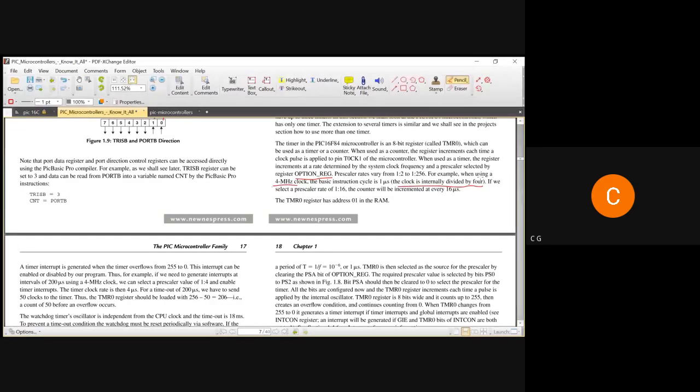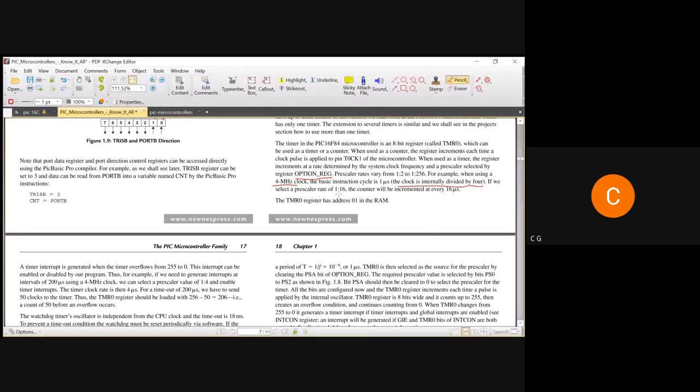Some books may not mention this in the basic reference book, but this is a tutorial book. In such books you will get the hidden information, because otherwise it becomes difficult to track why the calculation is going in this direction. If you take a 4 megahertz clock, simply 1 divided by 4 into 10 raised to 6.